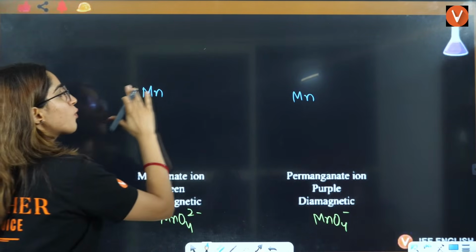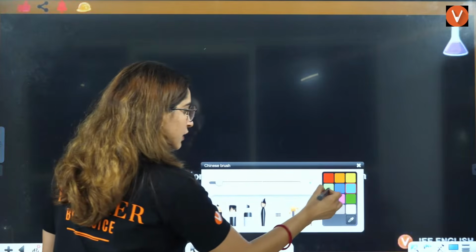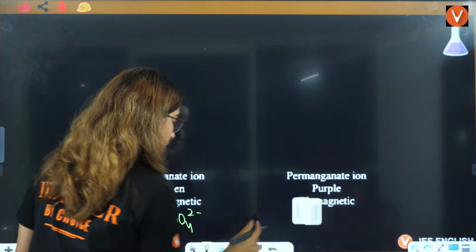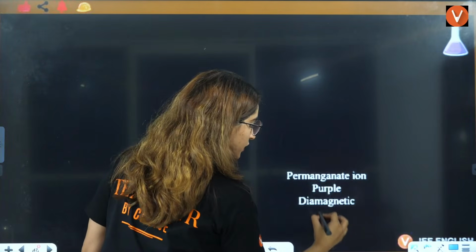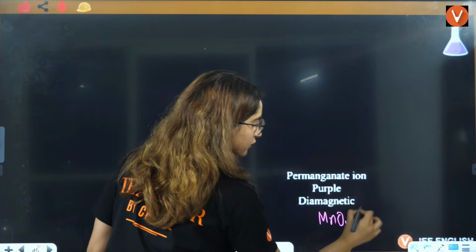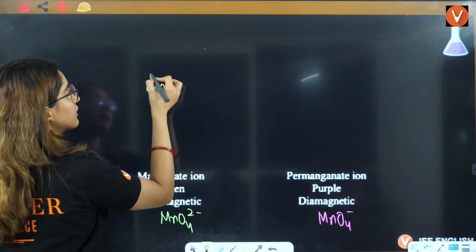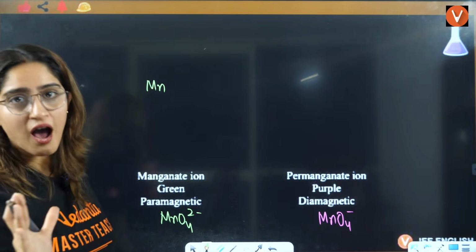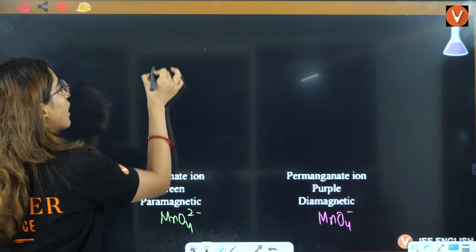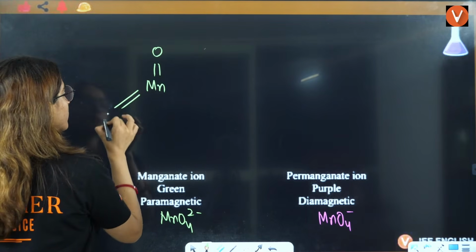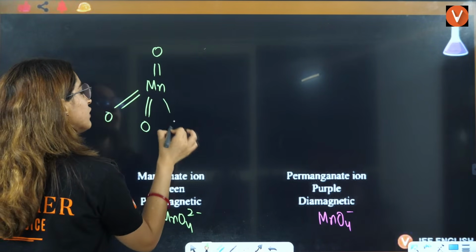Better if I write it in the way in which their colors are. This is MnO4 2−. I'll draw it with the green pen because it has a dark green color. Tetrahedral shape, so Mn with two double-bonded O and two O negative.